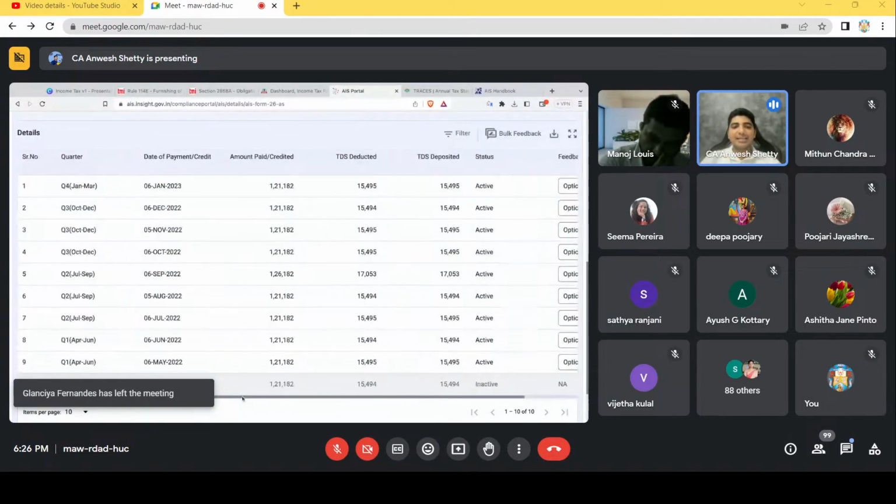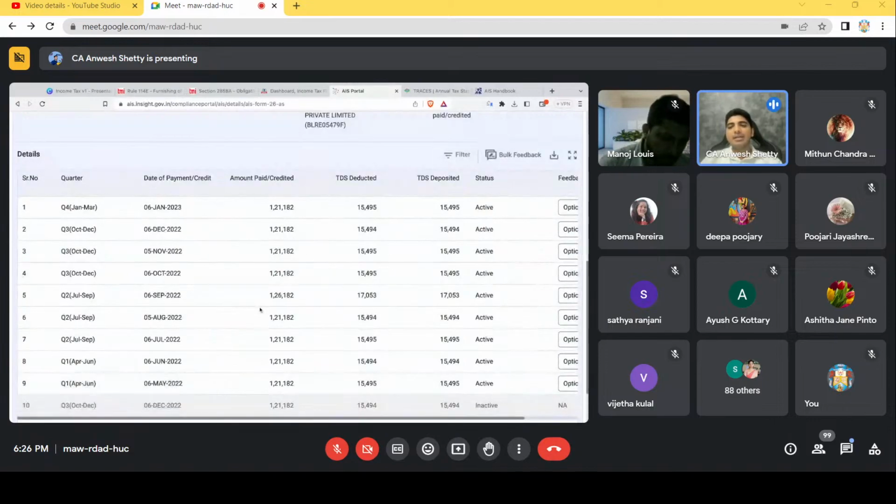Instead of salary, think that here they are saying you have received interest worth rupees 2 lakhs. Two to three years ago it happened with Canara Bank when the merger of Canara Bank and Syndicate Bank was going on. There was a lot of duplicate data sent by the banks to the income tax department. So even if my interest was around 20,000 rupees, it would appear here as 40,000 or 50,000 rupees.